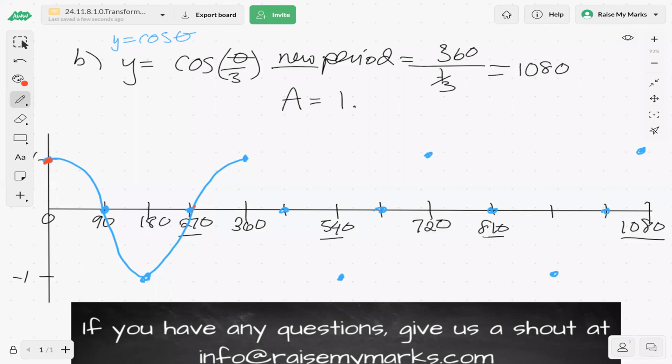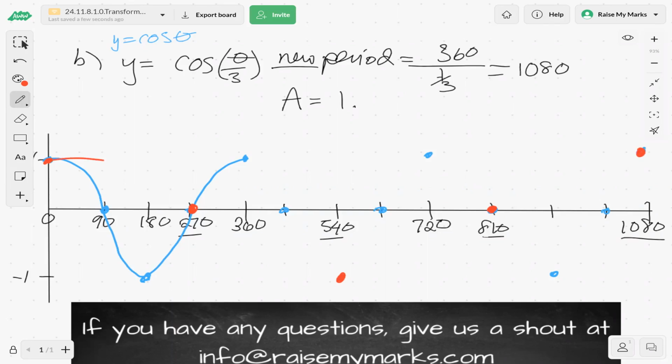However, it reaches the axis, 0, at 270, its minimum at 540, back to the axis at 810, and then back to the maximum, starts its period all over again at 1080.